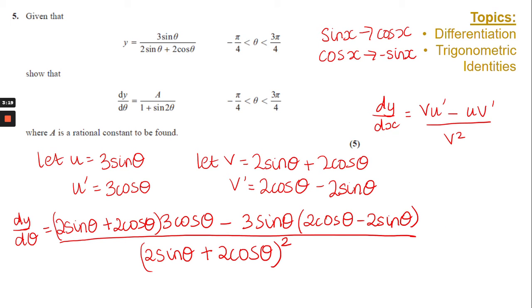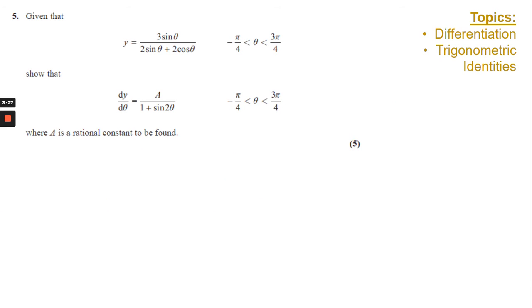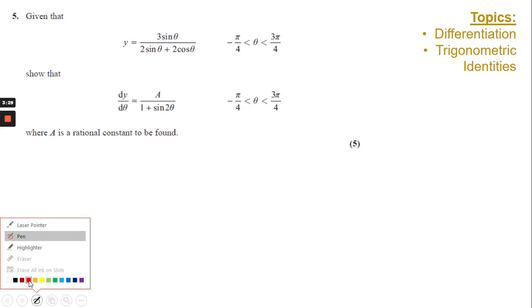Okay, so now we have something like this. It's just a simple case of simplifying. So I'm going to rub out what we've got here so we can keep the question on the board, and we're going to simplify that statement we just had.